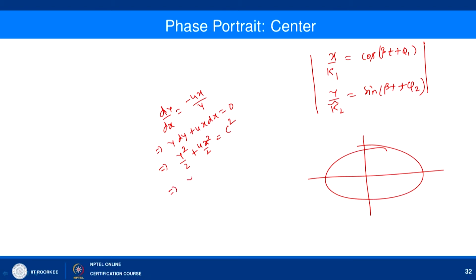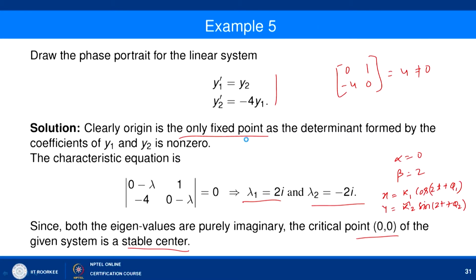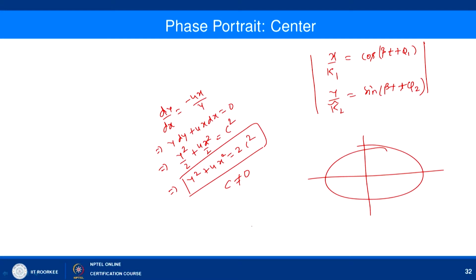So, here we have y square plus 4x square equal to 2c square, and if you look carefully, if c is non-zero, then this will represent the equation of an ellipse. So, in these cases when the origin is a center, the orbits are nothing but ellipse-like figures, and we can consider the circle as a type of ellipse.